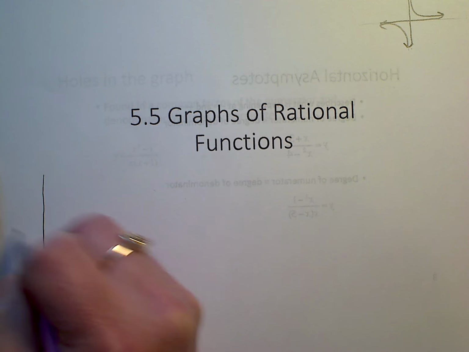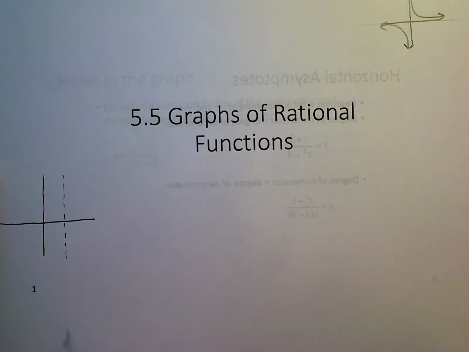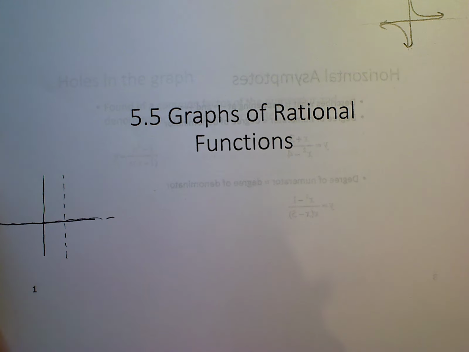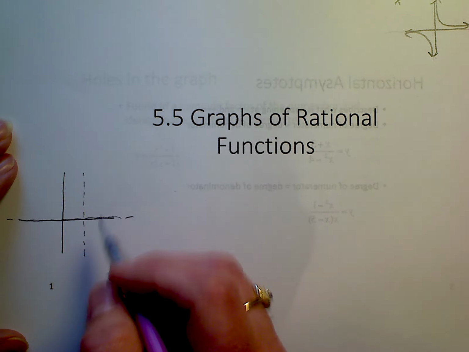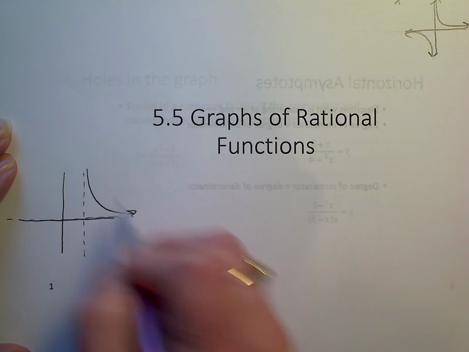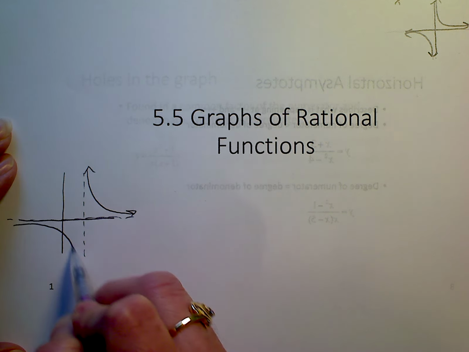Here's one that has one vertical asymptote over here and then a horizontal asymptote. I'll still make it at 0 this time, okay? Now this one might go on this side and then another one down this way.